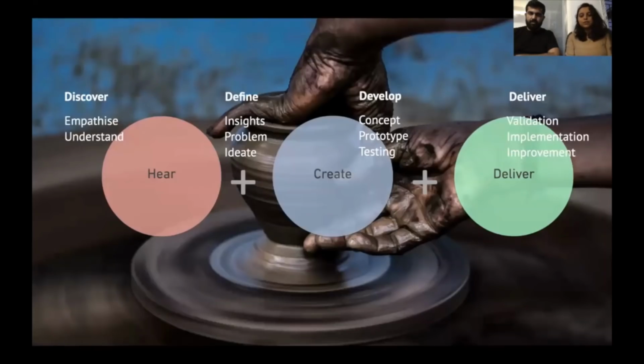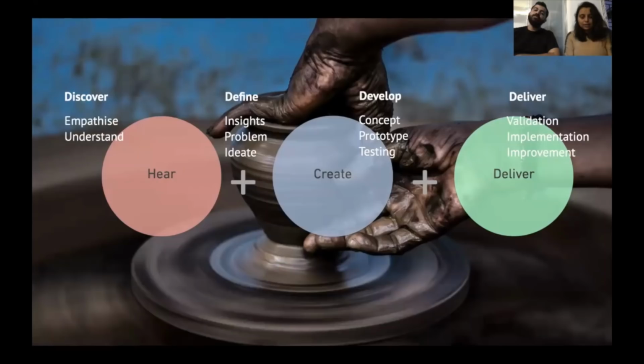It requires you to follow three primary steps in designing anything, in developing any kind of solution. You start with hear, create, and deliver. Hear involves empathizing with your target audiences once you've identified them, understanding to the core what their problems are, how their lifestyles are, what will happen with what solutions, and what should happen with what kind of problems.